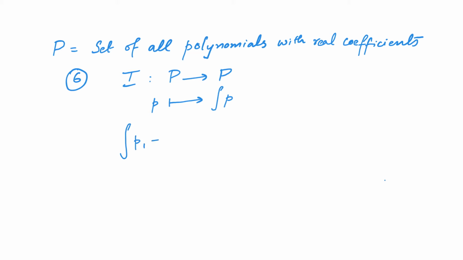We know that integral of P1 plus P2 is equal to integral P1 plus integral P2. Similarly, integral of alpha times P is equal to alpha times integral P. Both these two properties together mean that I is a linear map from P to P.